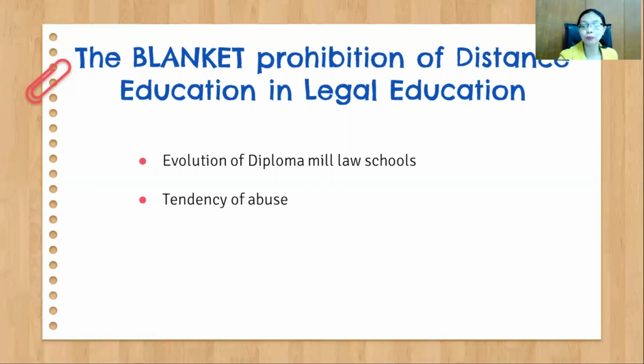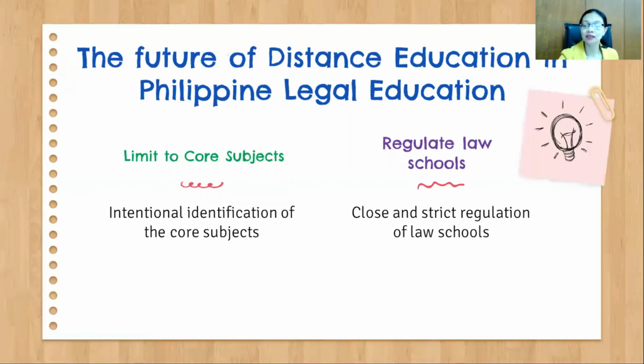That's why he proposed certain solutions, because he also considered that distance education has wide potential and possibilities in legal education, and this is something that we should take advantage of, because distance education has the possibility of democratizing access to quality legal education in law schools.